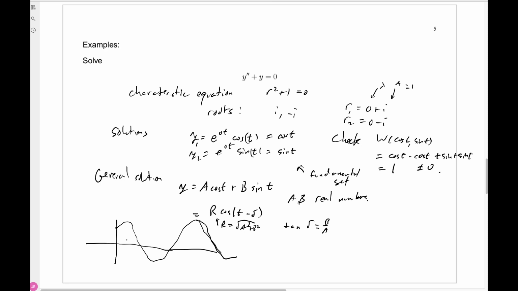This should go down as far as it goes up. Anyway, you get the picture. The general solution to this differential equation looks like sine waves, but they can be of arbitrary amplitude and start basically anywhere in that sine wave.